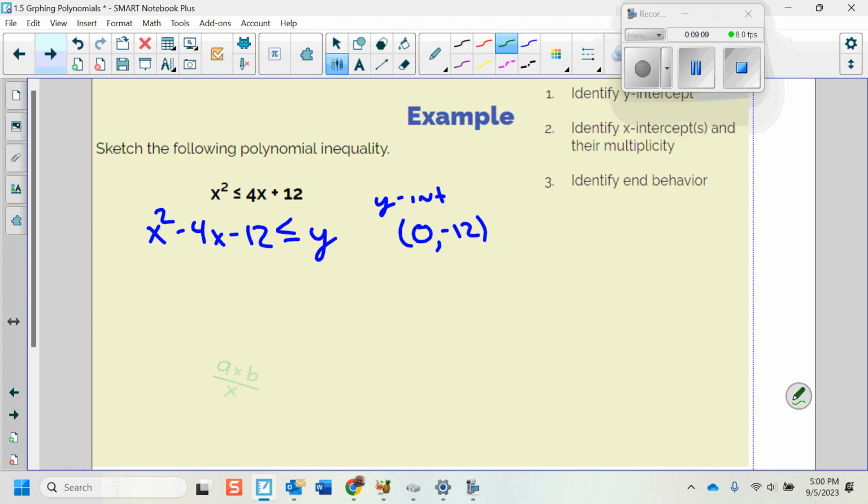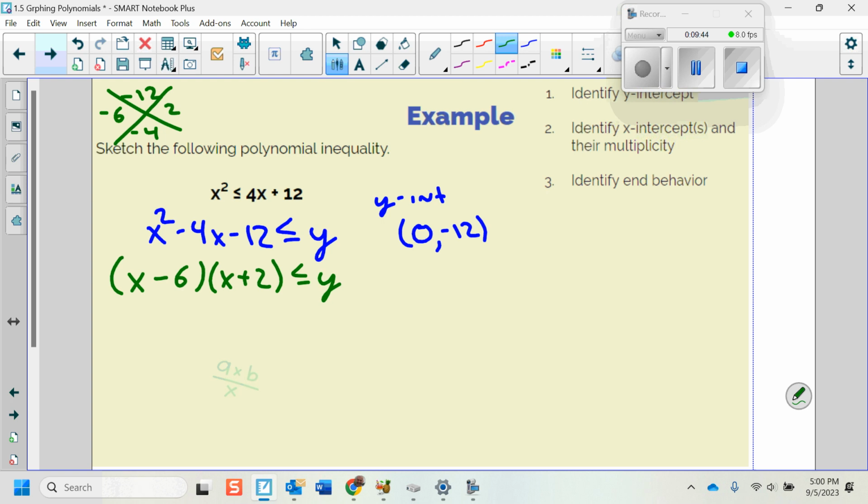My next step, find my x-intercepts. Well, if I factor this, I have -12, factors of -12 that are going to give me a -4. And I would say that's -6 and +2. So I'm going to go ahead and factor that as x minus 6, x plus 2, less than or equal to y.